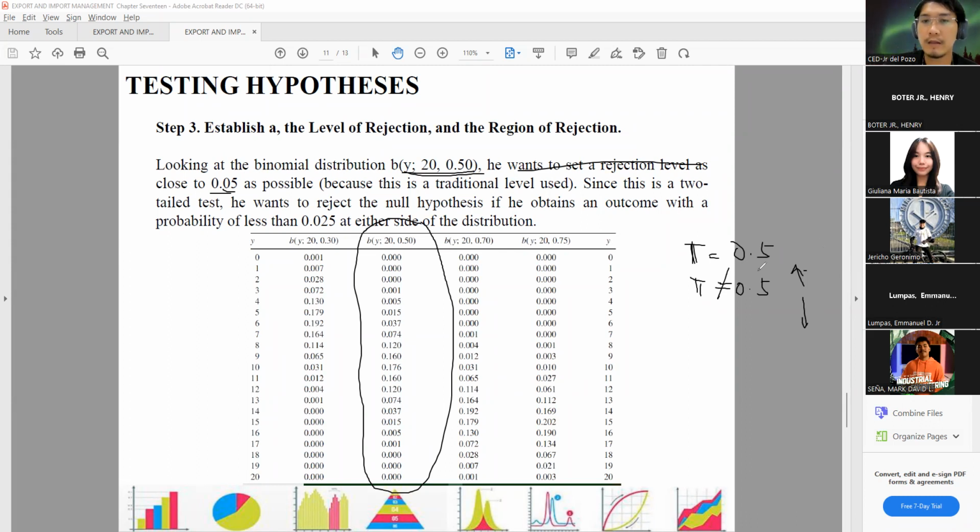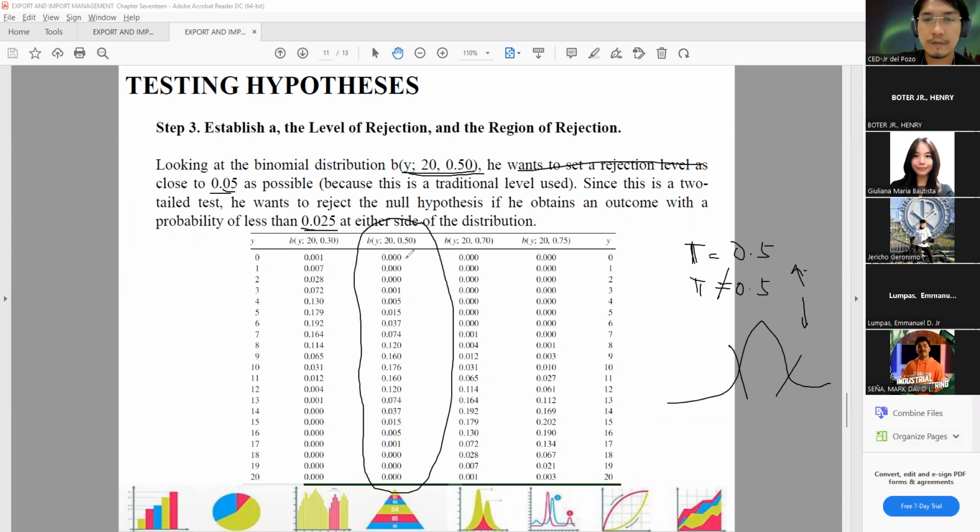So, it's a two-tail. Ang distribution natin is two-tail. Meron tayong dalawang buntot. Therefore, ang i-accept natin is kalahati ng 0.05, so 0.025. Below 0.025, we reject it.